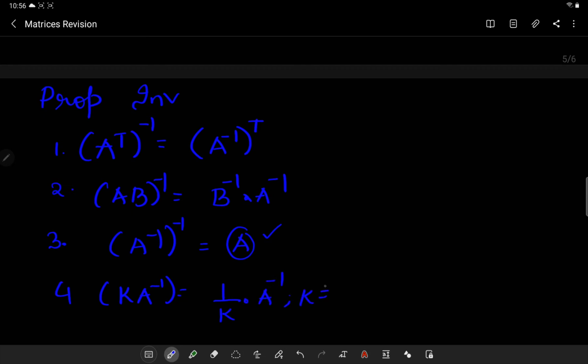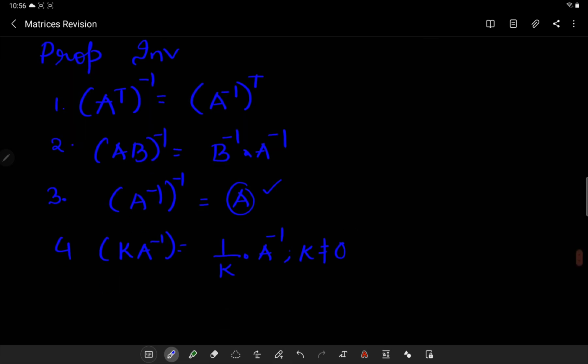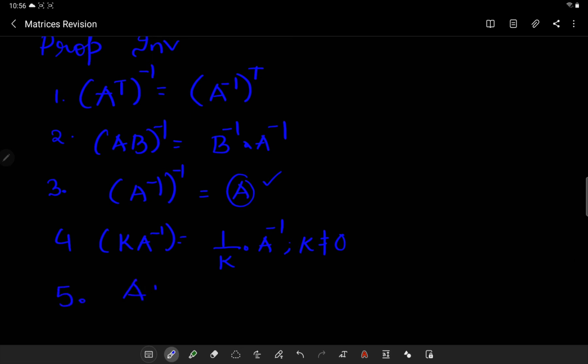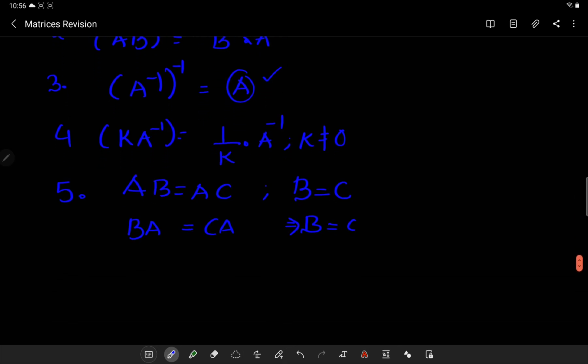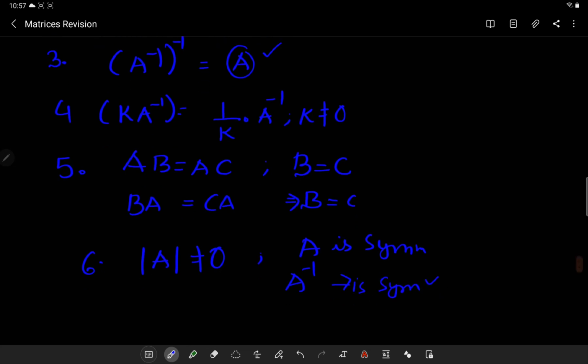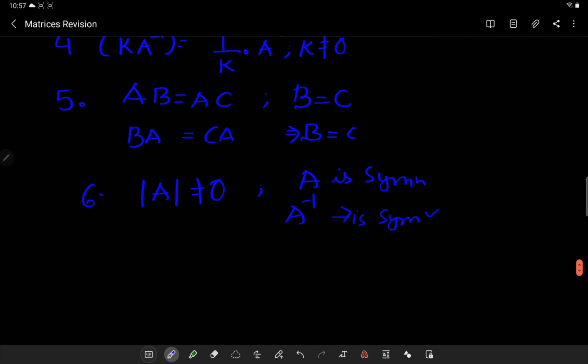So remember, K will be also taken out, and it will become 1 by K. Next, if AB is equal to AC, then I can simply write B is equal to C. Similarly, if BA is equal to CA, I can write B is equal to C. So remember, determinant of A is not equal to 0 if A is symmetric matrix and A inverse is another symmetric matrix.